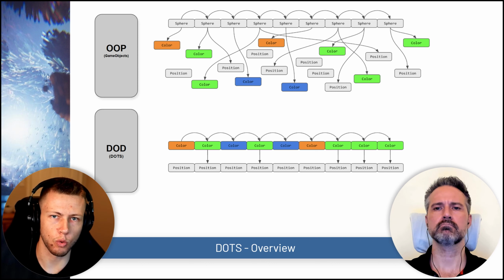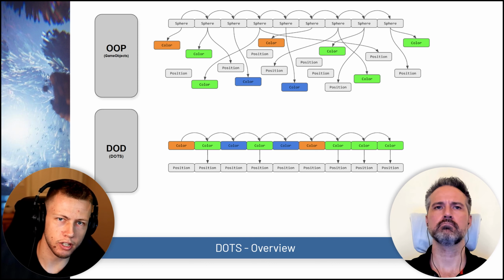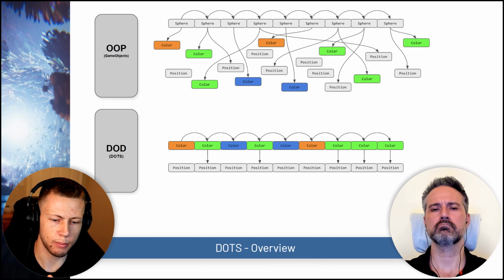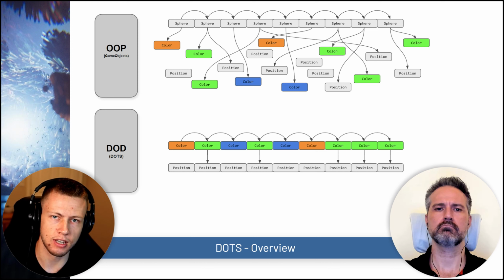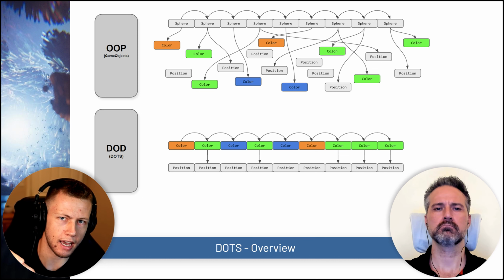The difference with data-oriented design is that each entity really only has its representation of the data. So we're separating out the data from the systems, from the actual game logic for things happening in our game. Each of these entities is only going to have data associated with it.